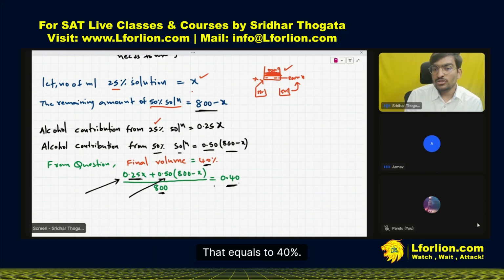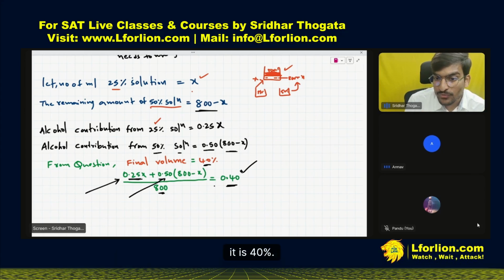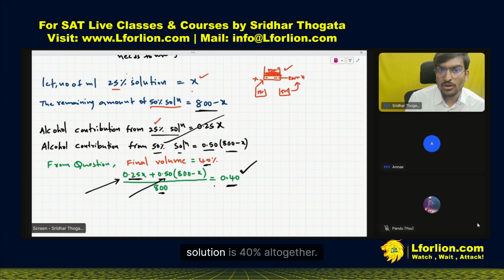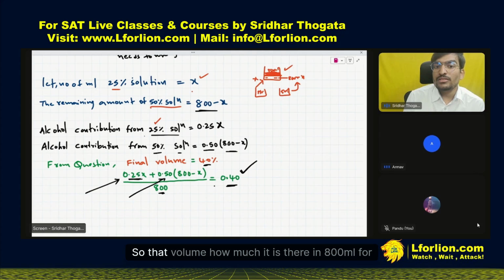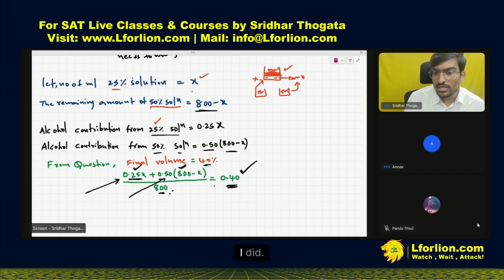Here they clearly mention it is 40%, that the 25% alcohol solution and 50% alcohol solution together make 40% altogether. So that volume divided by 800 ml equals 40%.